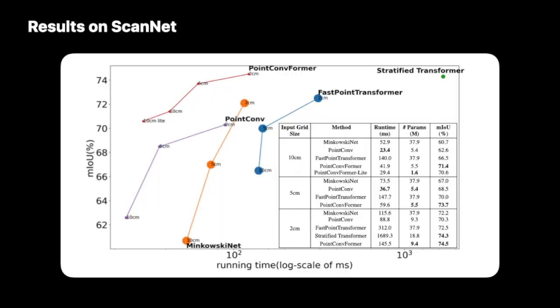With that, we get this performance of PointConvFormer, which is, in terms of accuracy, a bit better than sparse convolutions such as the Minkowski network. In terms of speed, it's comparable. In terms of model size, PointConvFormer is usually 6 to 7 times smaller than Minkowski networks because they generate filters dynamically rather than having fixed 3x3x3 convolution filters.